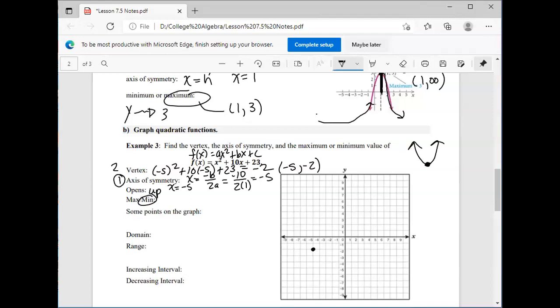Okay, how can I get some points on the graph? I can use the calculator, or I could plug in some things for X and find some Y's. It doesn't matter, but we're kind of used to using the calculator and we're fixing to use it to check our answer anyway. So let's go there and type in our equation.